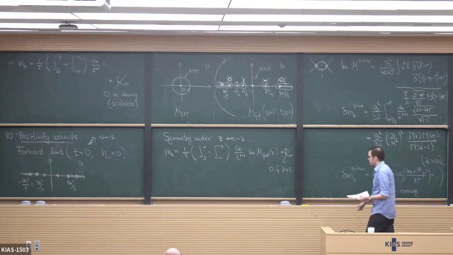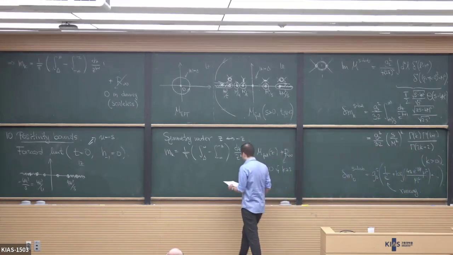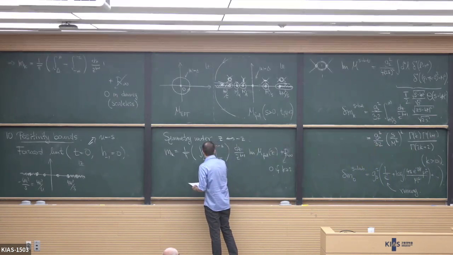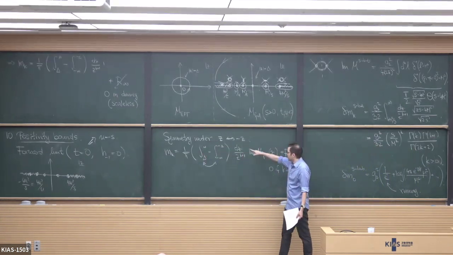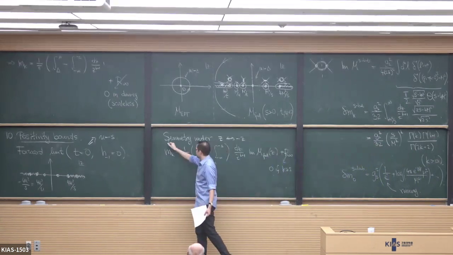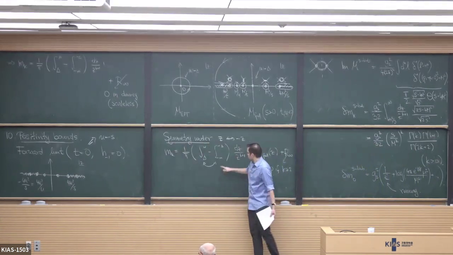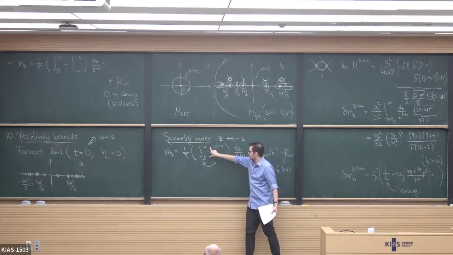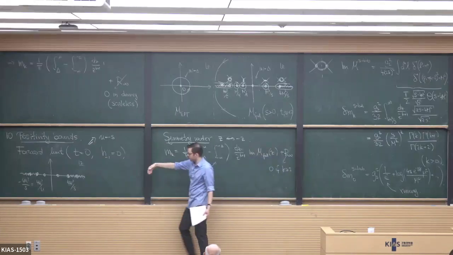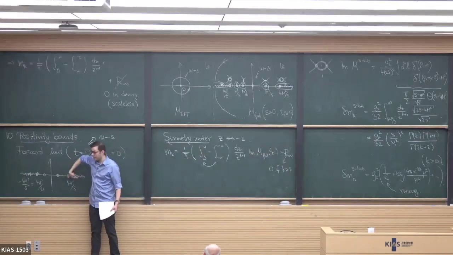Okay, so in any case, in this case, if I use the symmetry under z goes to minus z, you see I can apply the symmetry on this integral. The integration boundaries are going to shift to the integration boundaries that I have here, just because of the left-right mirror symmetry of this diagram.